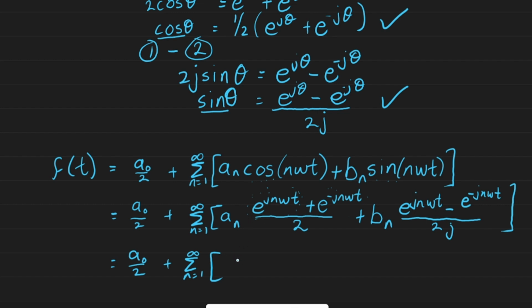So our first term is an divided by 2. And then we also have bn times e to the power j n omega t, that's our second term, and this is also divided by 2.